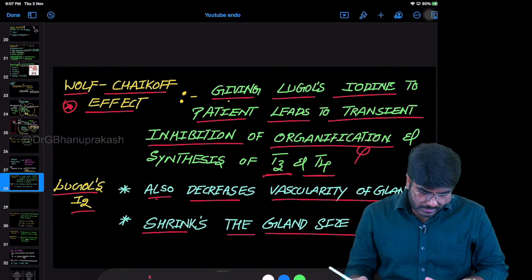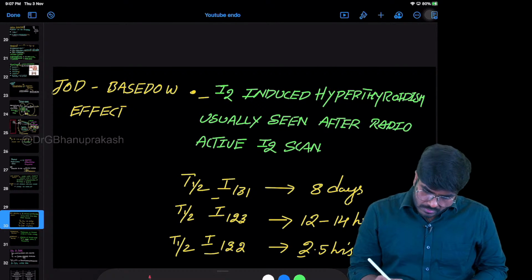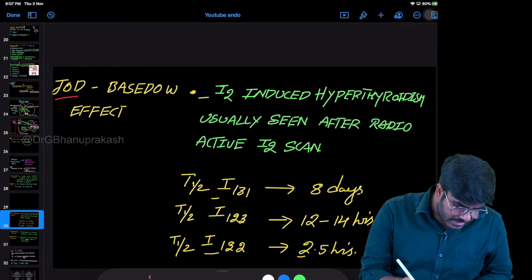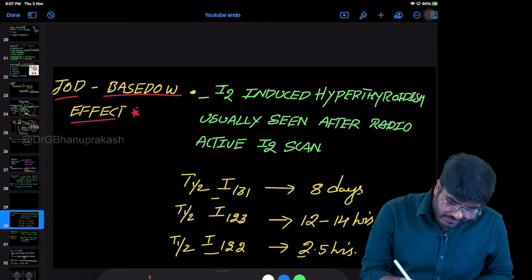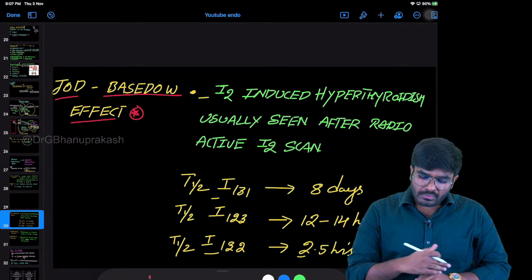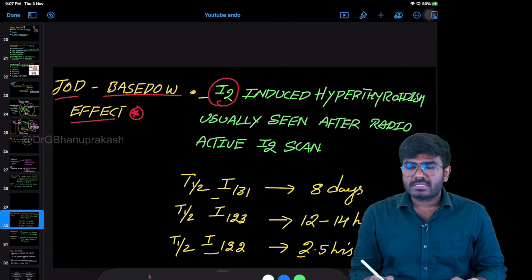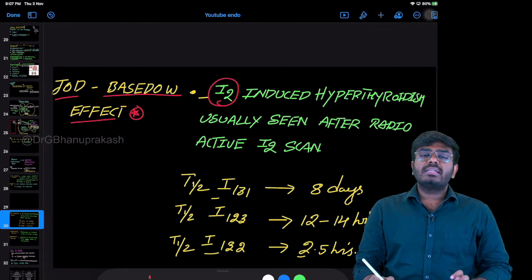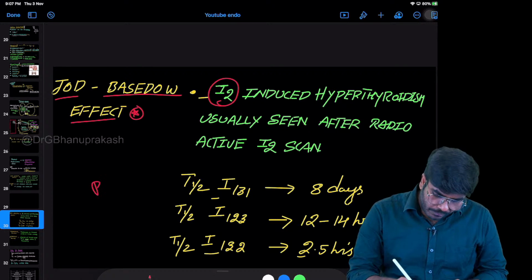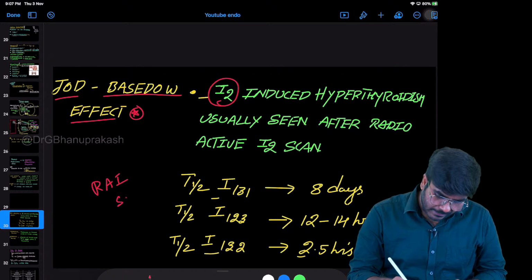Okay, Wolff-Chaikoff effect discussed. Now, what exactly is the Jod-Basedow effect? Jod-Basedow effect is the exact opposite. Whenever you use iodine for some diagnostic purpose, which diagnostic purpose? See, there is a scan called the radioactive iodine scan.